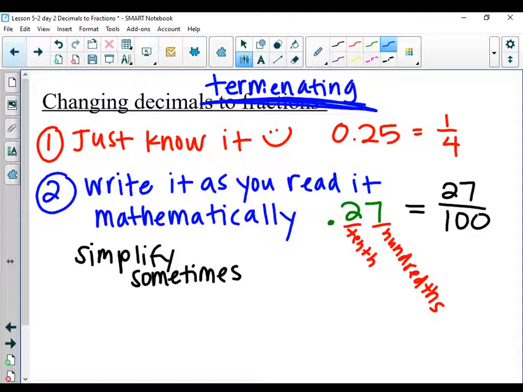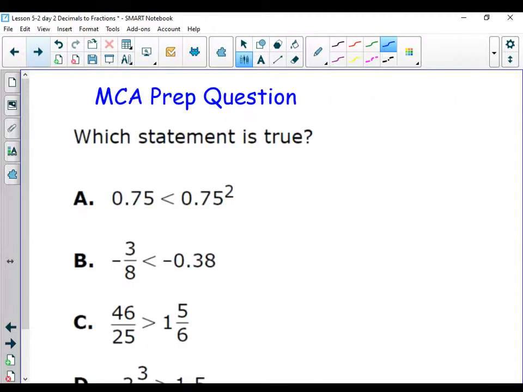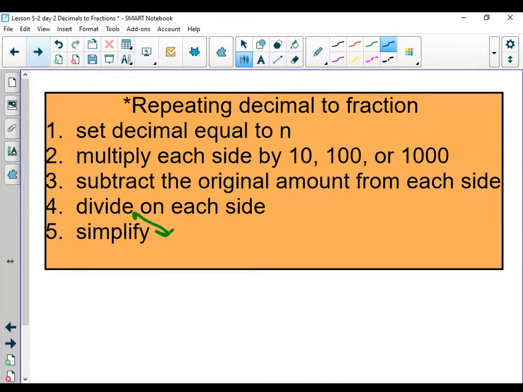Why does it terminate? Because right here after 0.27, it just ends. There is another weird strategy that takes some steps. And if you look on the bottom of your notes, there is a box for steps. You should pause right now and get those steps written in.